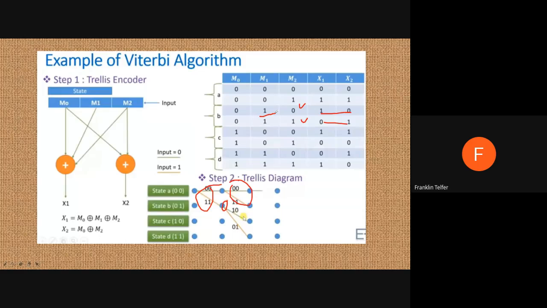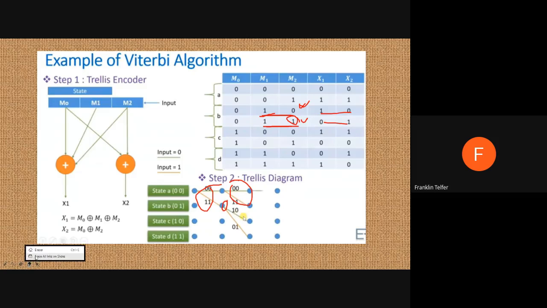So you have to see for the input message what this sequence is, M1 and M2, so 1 0 and 1 1. For the input of 1, it is going to 1 0, and 1 0 is nothing but C. Next, for the input of 1, it is going to the state 1 1.